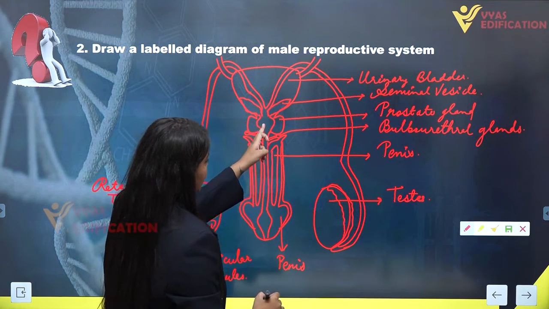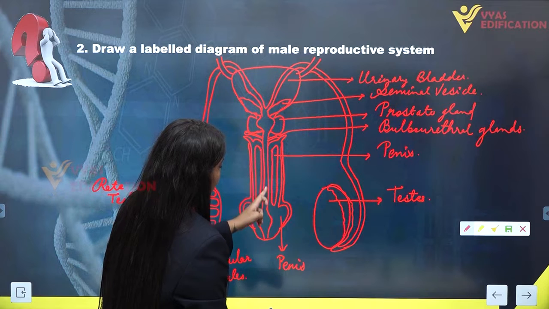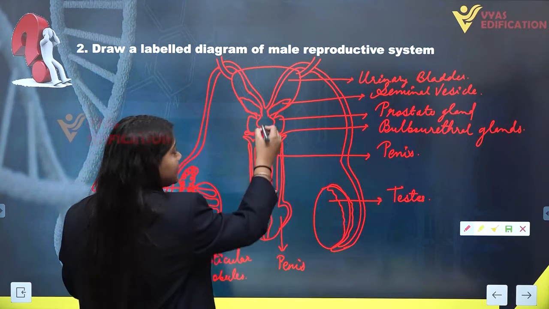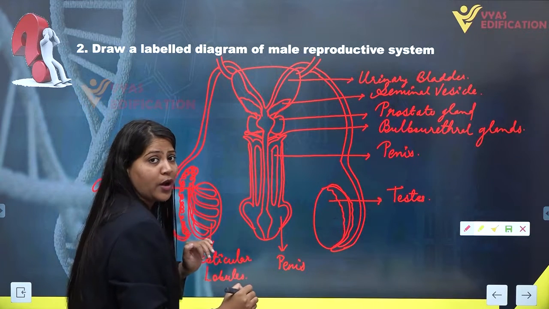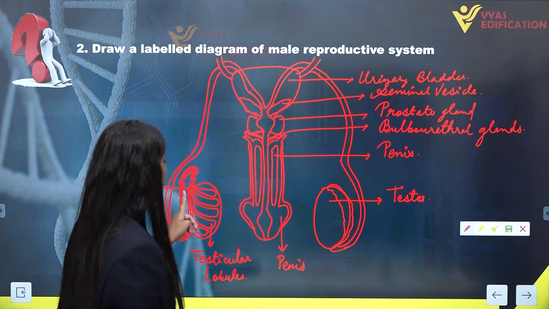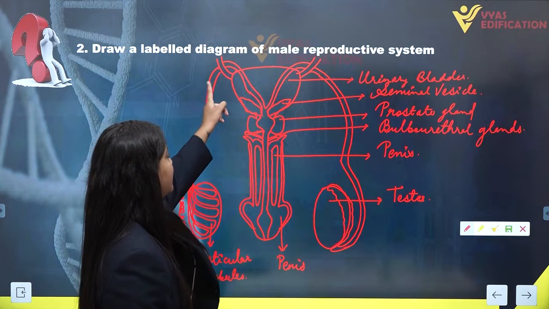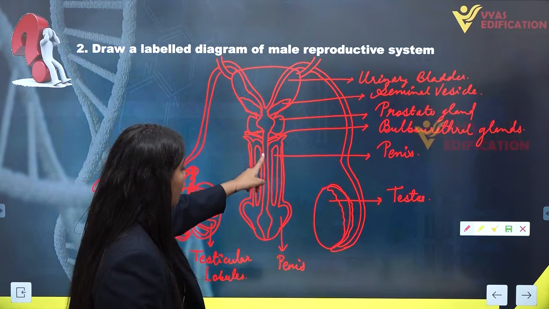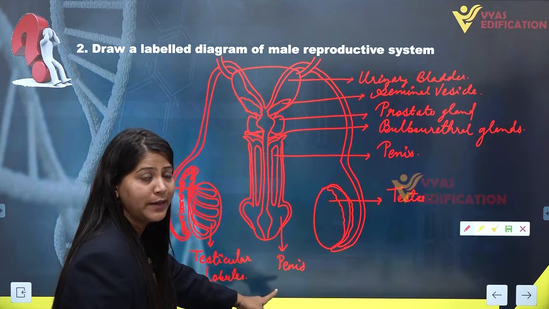Now this tube which is conducting urine from body to outside the body, this tube is known as urethra, and it also conducts sperms from testis and vas deferens, and the sperms will go here like this and come out through this tube only.